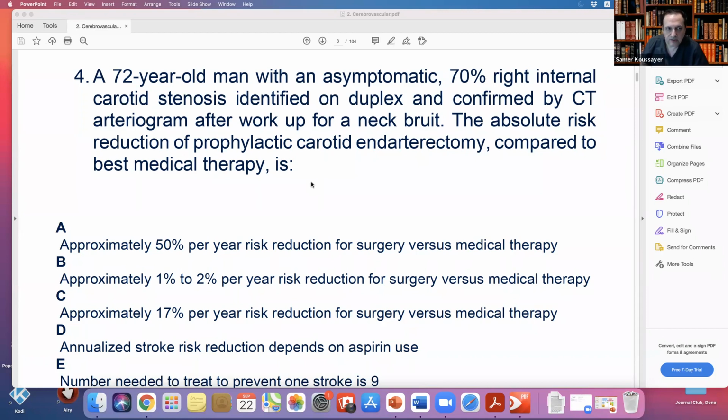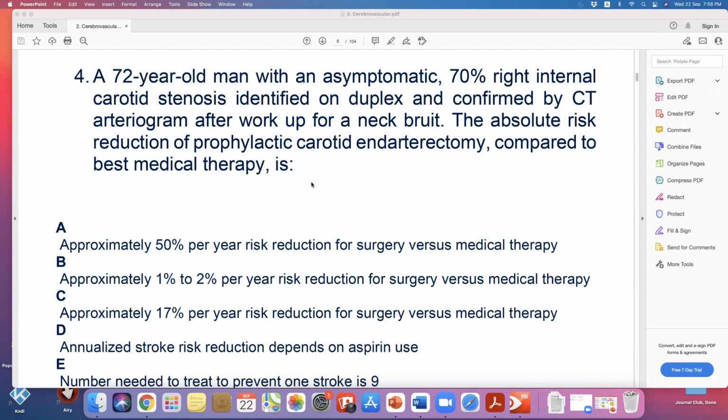Absolute risk reduction is what people who argue against surgery or stenting use very often. If we do a surgery, how much do we decrease the risk of stroke per year? If you do surgery versus medical therapy, you have to remember the numbers. Can you guess?